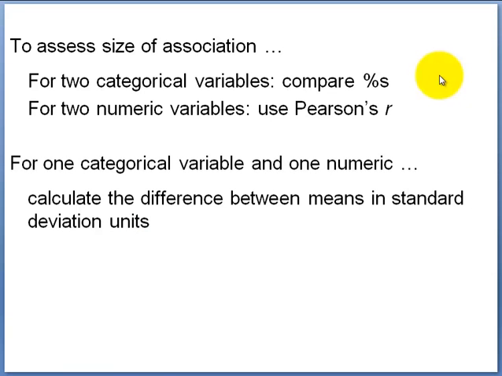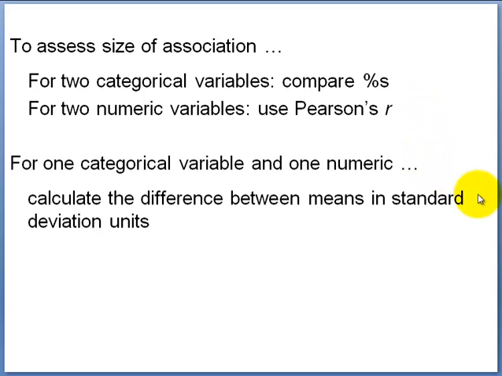We have seen that to assess size of association between two categorical variables, the primary thing that one does is compare percentages, and the difference of percentages was our key measure there. And for examining size of association for two numeric variables, Pearson's R is a workhorse tool.